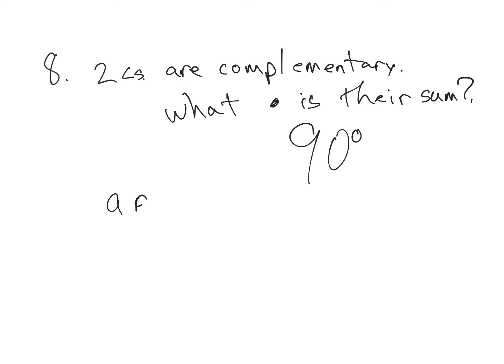A, B, C, S, Z. 90, 180. Complementary comes before supplementary. 90 comes before 180. I added 90. Okay, number 9.